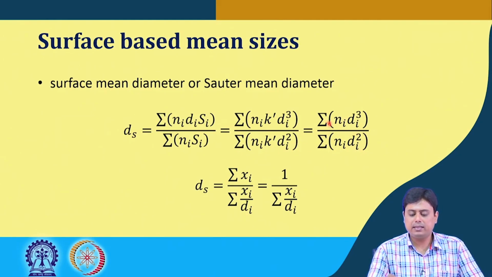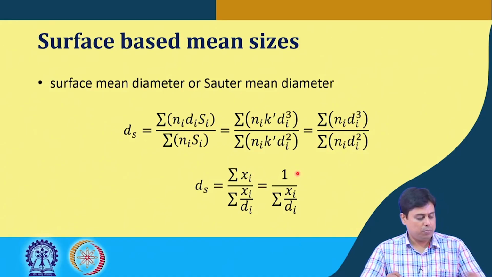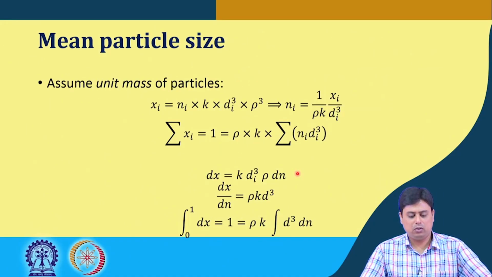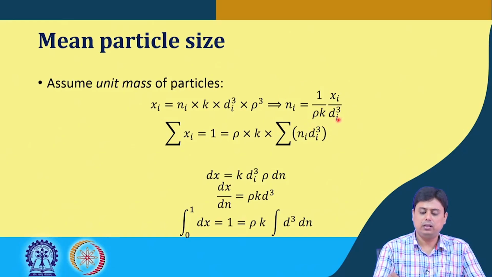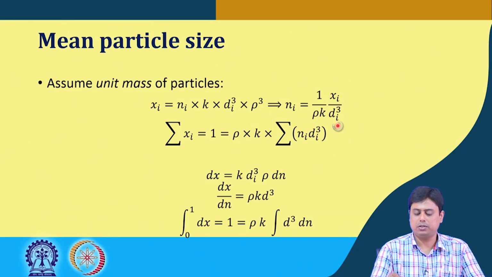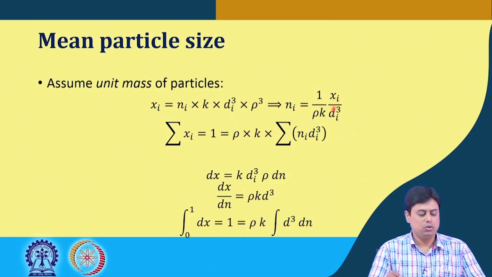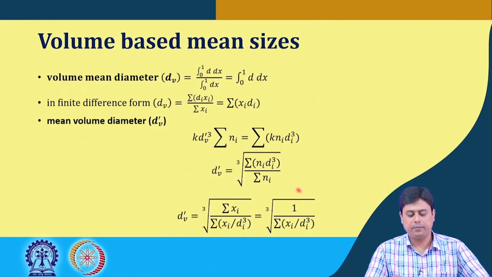When we again replace this n with the expression of x, we get this value. Let me go back for those who are not getting this point: this is the expression that we have seen before. So Ni and Xi, we are now replacing wherever the number, and this is the mass fraction.